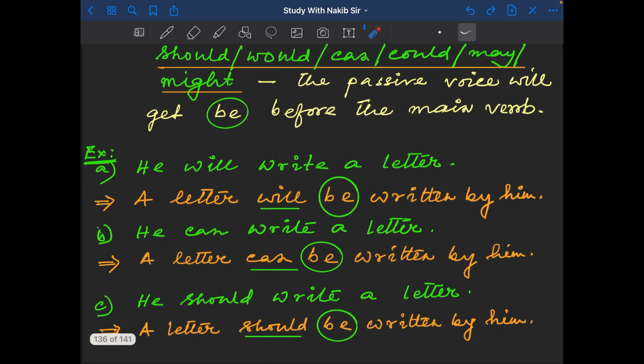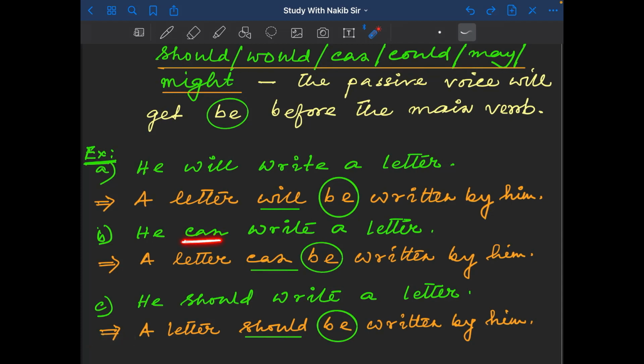The next example, see. He can write a letter. Again can. Can means in the passive verb it will be can be. I said. So a letter can, you have got be written by him. A letter can be written by him. Very, very easy. Next one. He should write a letter. Should. You have got should. That means in the passive voice you will get one be.